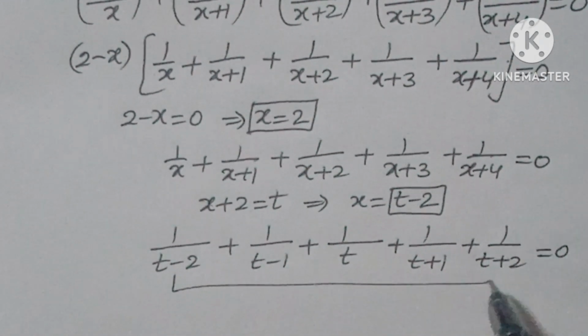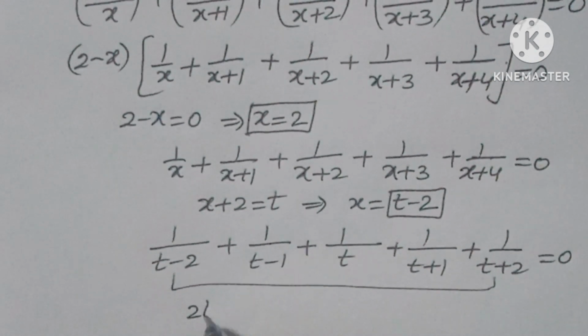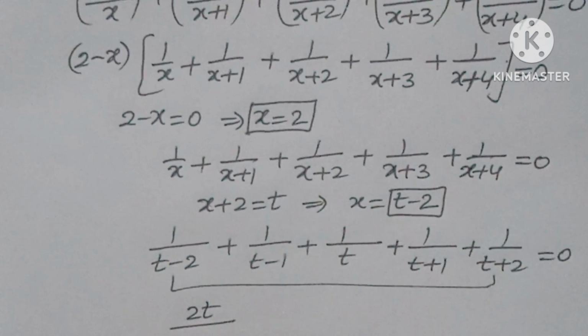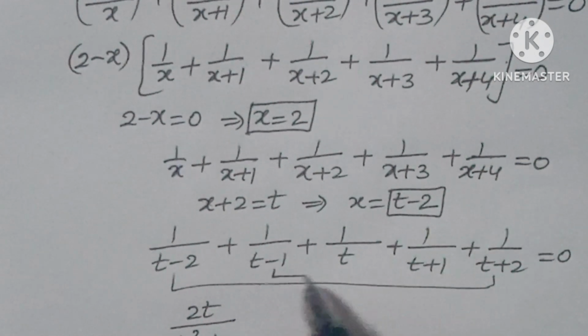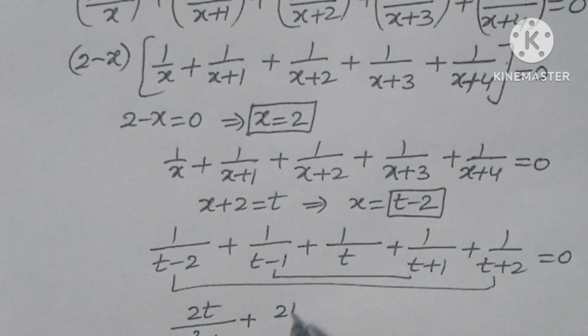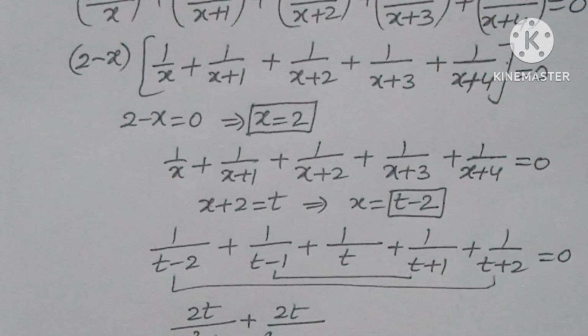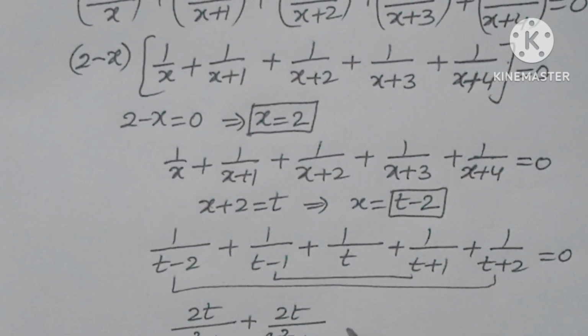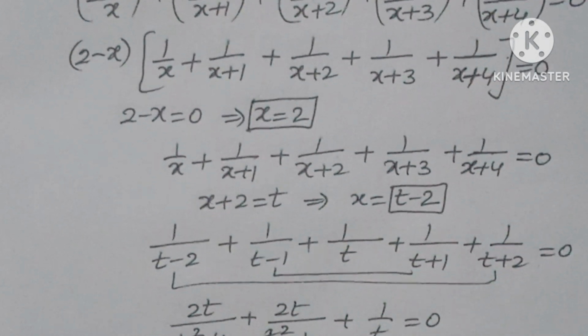Now combine the first one and last one. So here what we'll get, taking LCM, 2t by t square minus 4. If you add these two, you will get 2t by t square minus 1 plus 1 by t is equal to 0.